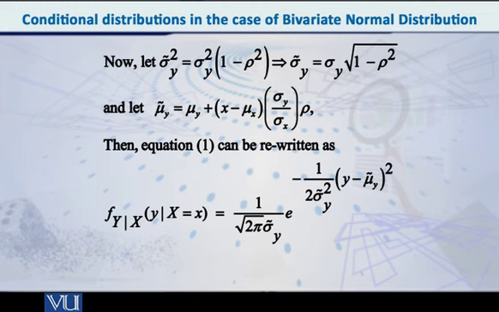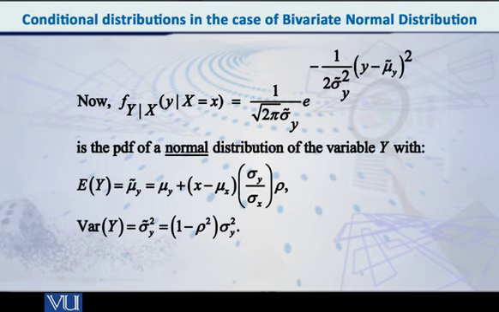And also I'm going to let mu y plus x minus mu x into sigma y over sigma x into rho be equal to mu tilde y. अगर मैं ये substitutions उसके अंदर करूं तो मुझे क्या मिलेगा? I obtain 1 over square root of 2 pi into sigma tilde y multiplied by e raised to minus 1 over 2 sigma tilde y square, and this entity multiplied by y minus mu tilde y whole square.